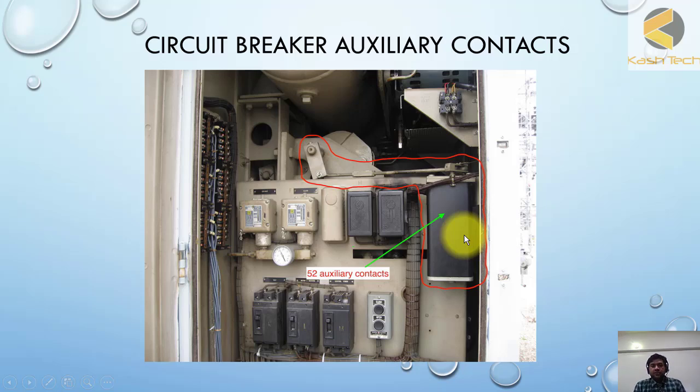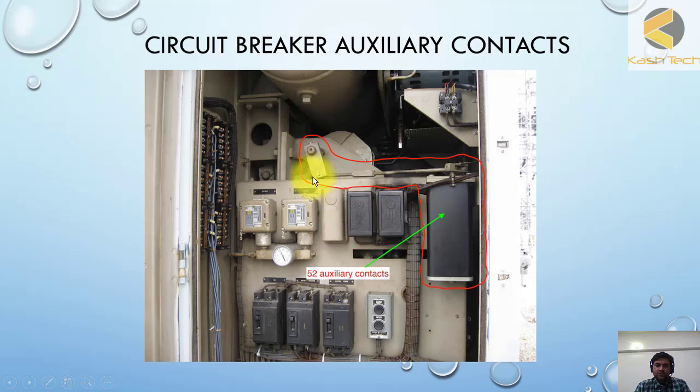Here, just for your understanding and to increase the conceptual view, I have shown the circuit. This is the circuit breaker mechanism. Here you can see it is connected to this black box in which auxiliary switches are available, and it is connected through a shaft.